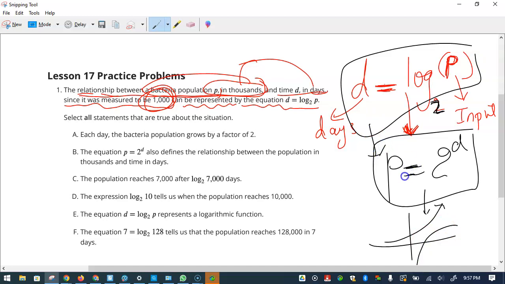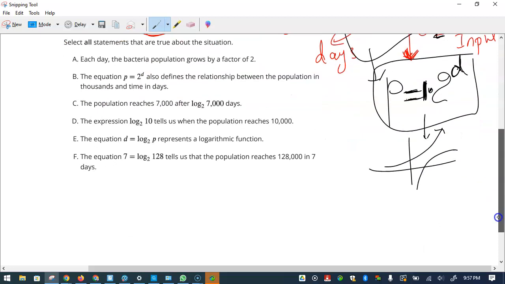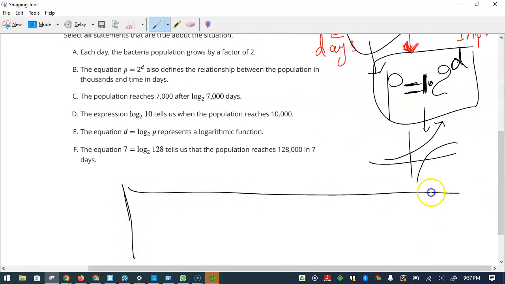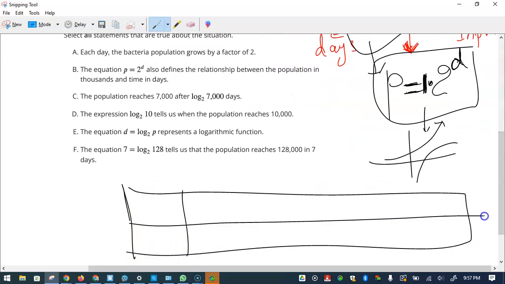Now in this case, where is that one? So there is a one time, so it is like in the beginning there was 1000. This means 1000 population. This is days passed. Since in the beginning it was 1000, instead of 1000 they just put 1. 1 means 1000, and so on like that.